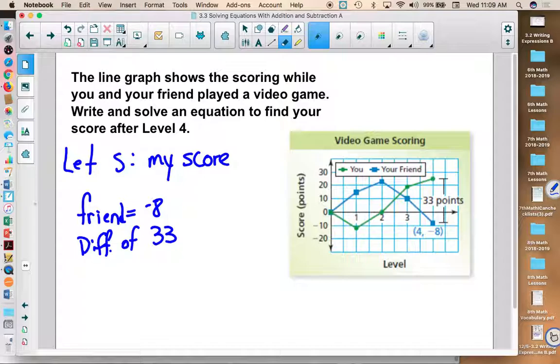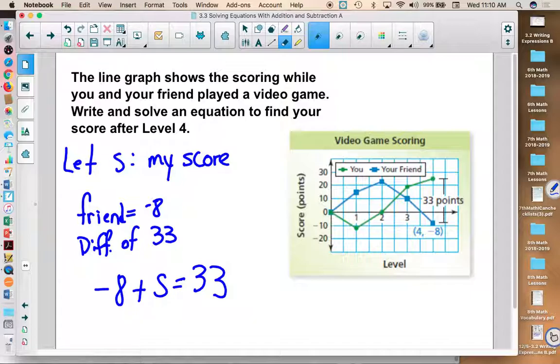So it's set, the difference is 33, so I'm looking at that distance between, right? Would that work? My friend is sitting at -8, I'm sitting at S, and I want to know the distance in between, and I know the distance in between is 33.